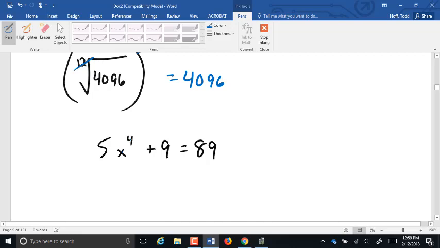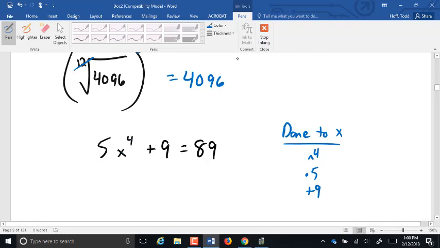The first thing that would happen would be the exponent. So x was taken to the power of 4. Then multiplication, it was multiplied by 5. And the last thing that happened to build this equation was 9 was added to it. Does that make sense? So the power of 4, times 5, and then add 9.